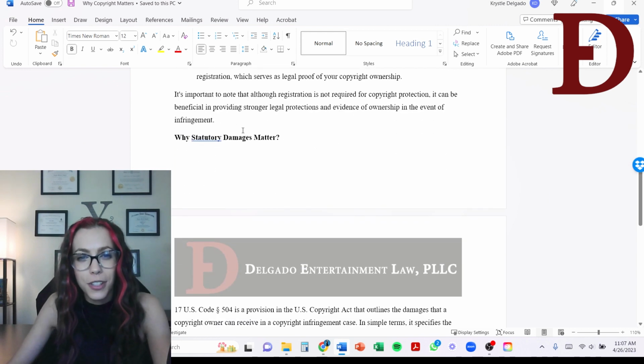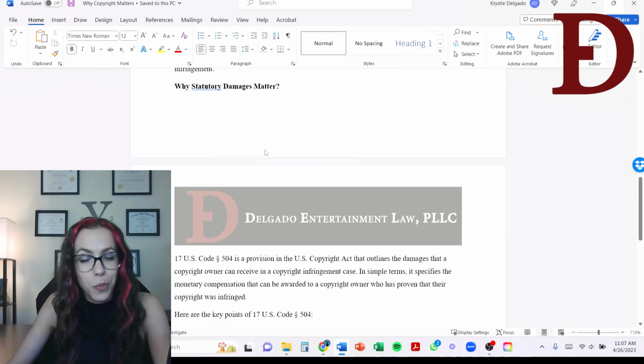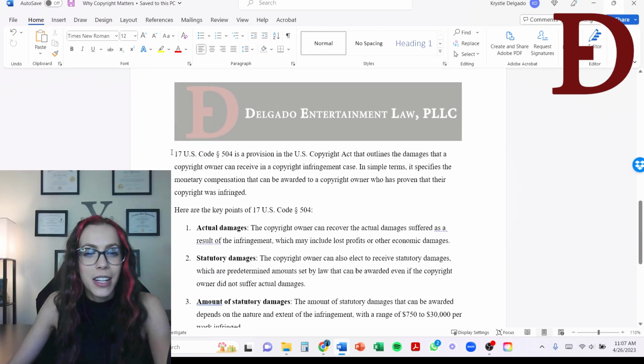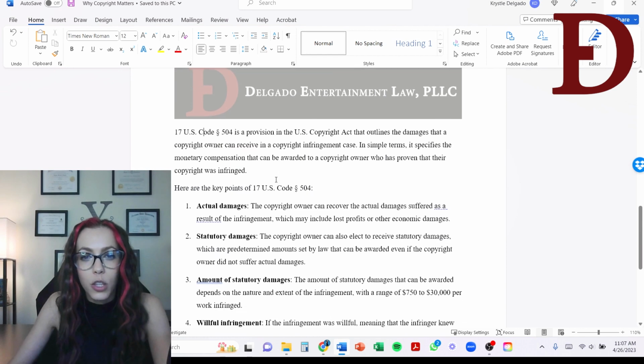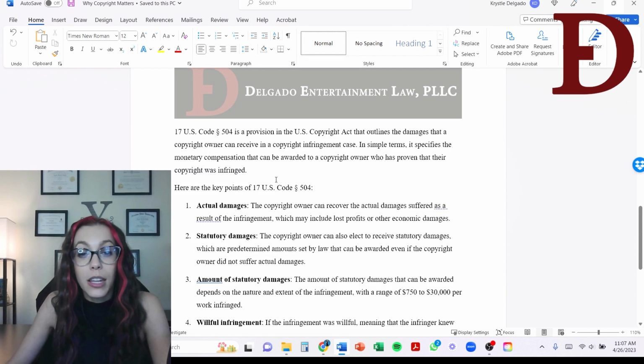So we had mentioned statutory damages. Why do statutory damages matter? Under 17 U.S.C. Section 504, in the Copyright Act, it outlines that you get automatic damages in a certain amount.